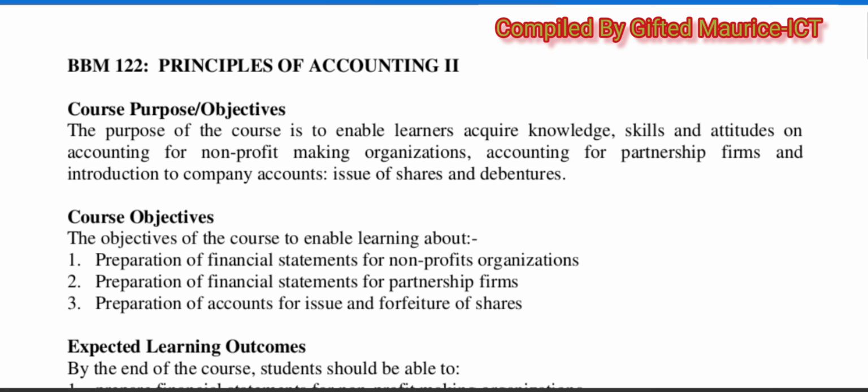So there are a number of sections in this course outline, where we have the first section comprising of the title and the code of the course, the second section comprising of the purposes and the objectives of the course, then the third section comprises of the course content, what we will use to achieve our objectives, and of course the final section of the course outline looks at the assessment, course delivery, and the recommended course texts.